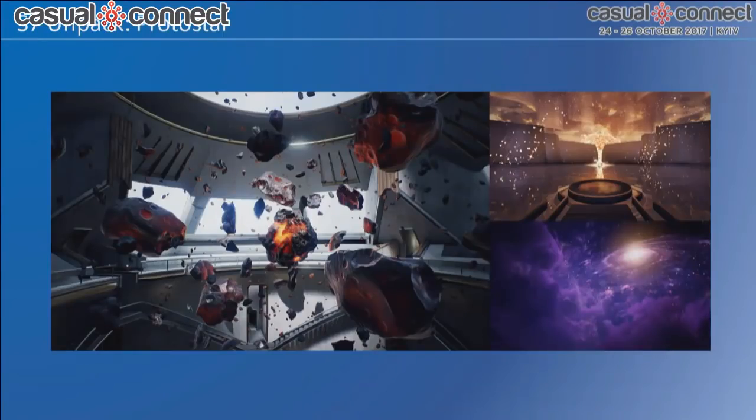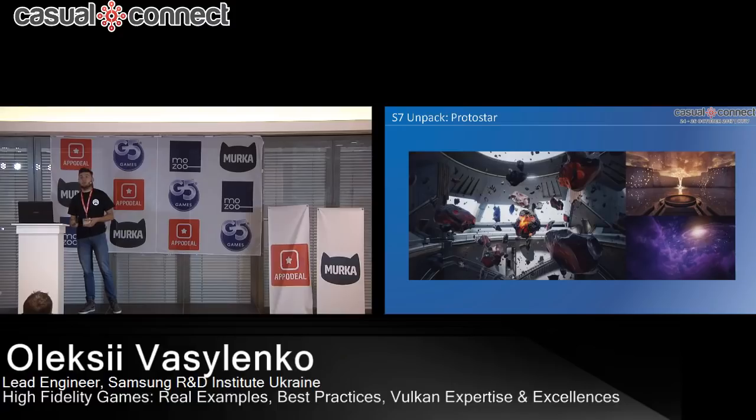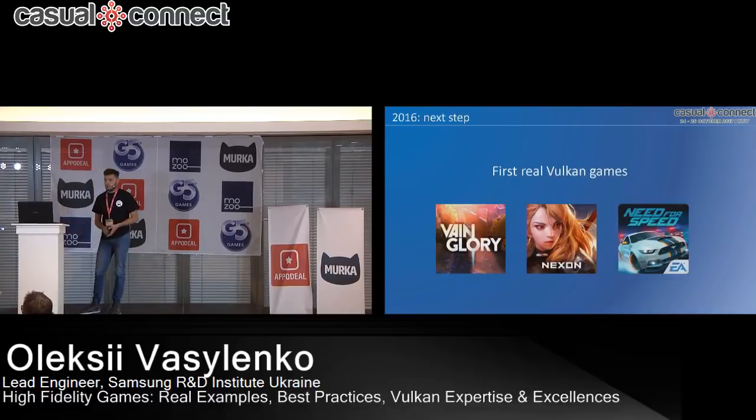After that, at MWC, as I mentioned before, we showed our Protostar demo, and we presented the first mobile ever with Vulkan support. It was the Galaxy S7, and the next logical step was to go on with real game cases.